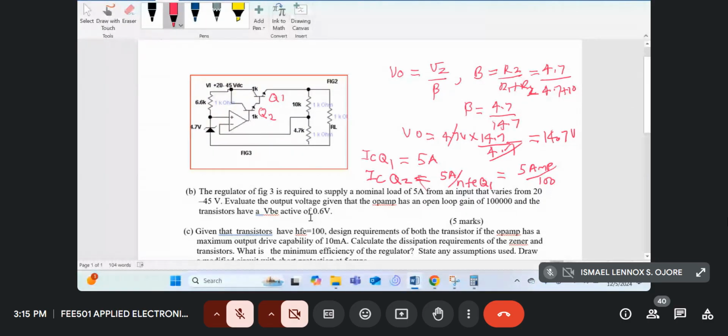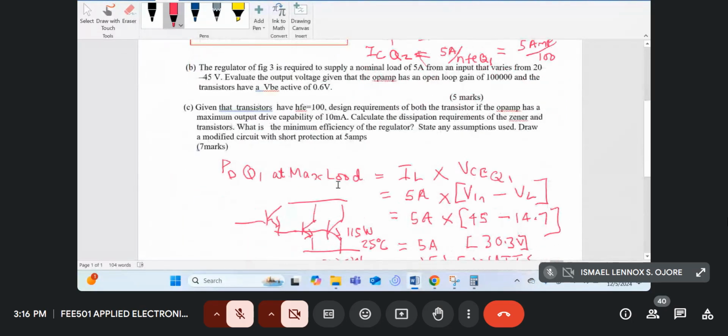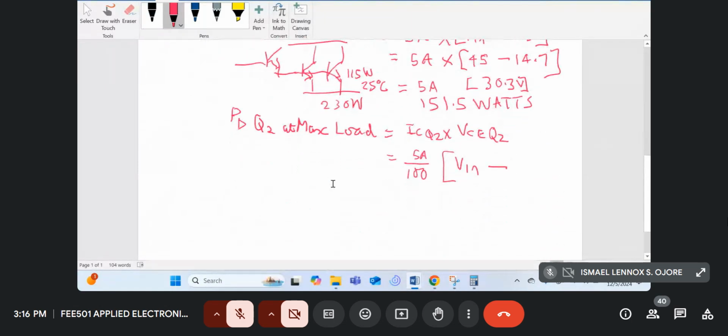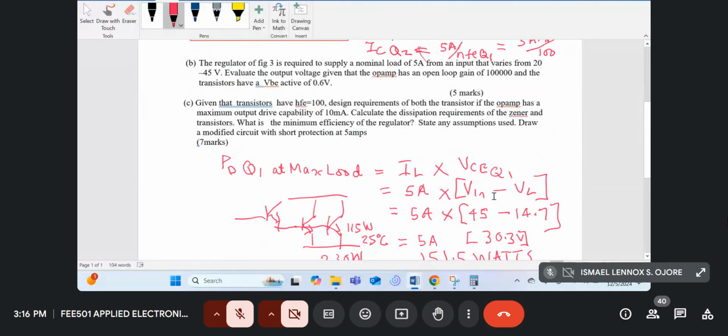And the VBEs we are told to take 0.6. So it will be minus VL plus 0.6. That's in volts. And VL was 14.7.